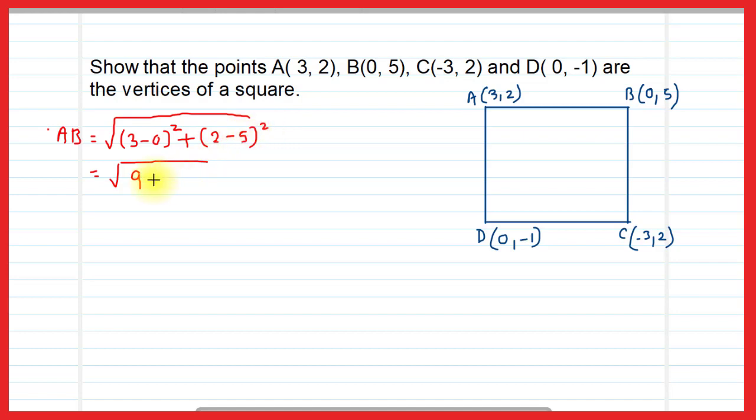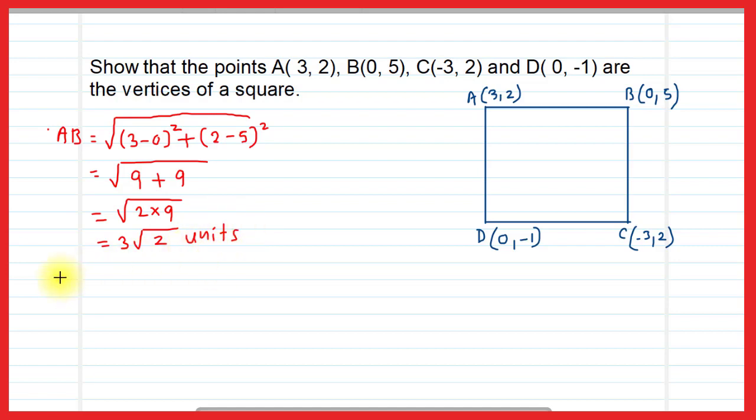So this will be 9 plus 9, that is 18. 9 plus 9 we can write as twice of 9, and therefore square root of 9 will be 3, and so it is 3 root 2 units. Friends, do not forget to write the unit here, because this is the length and writing the unit is very important.